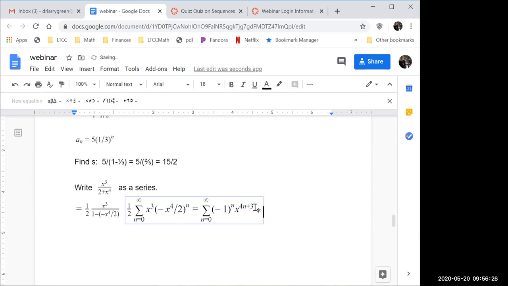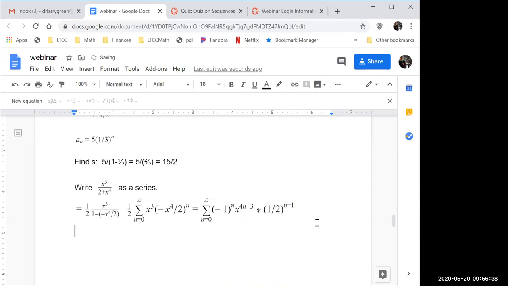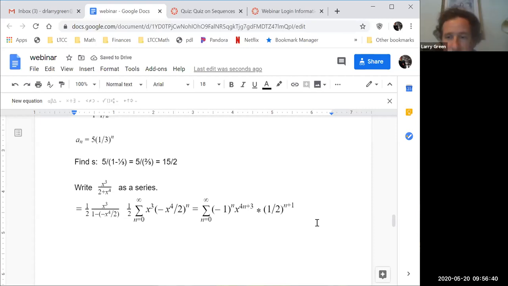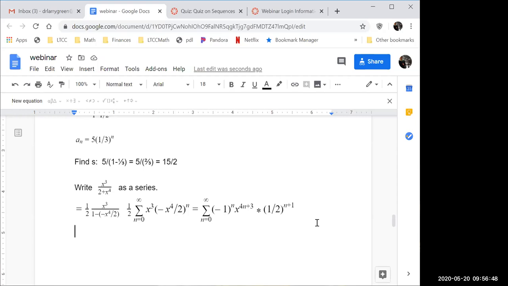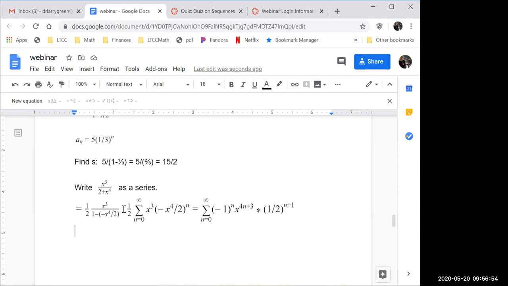That's going to be times 1 over 2 to the n plus 1. Any questions on the algebra there? I did a lot of algebra in that piece. Here's the harder question for you. Will you be able to do it? With practice, hopefully.